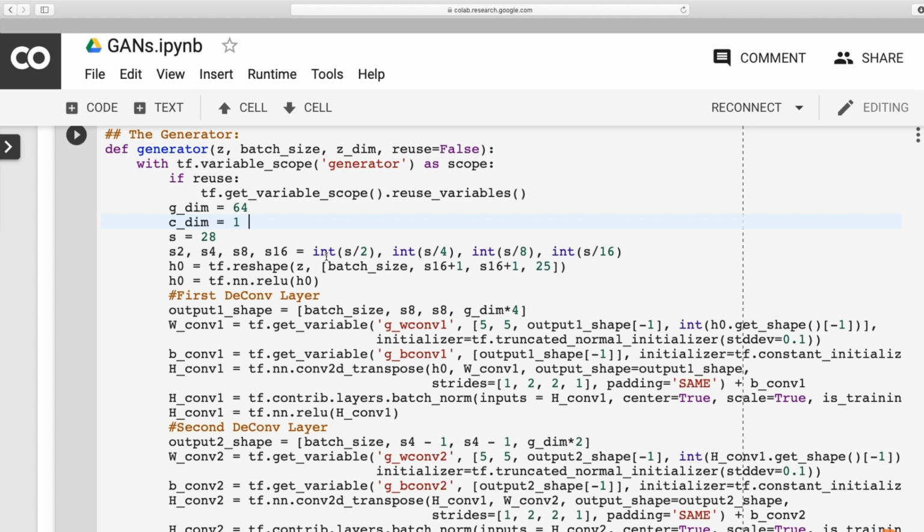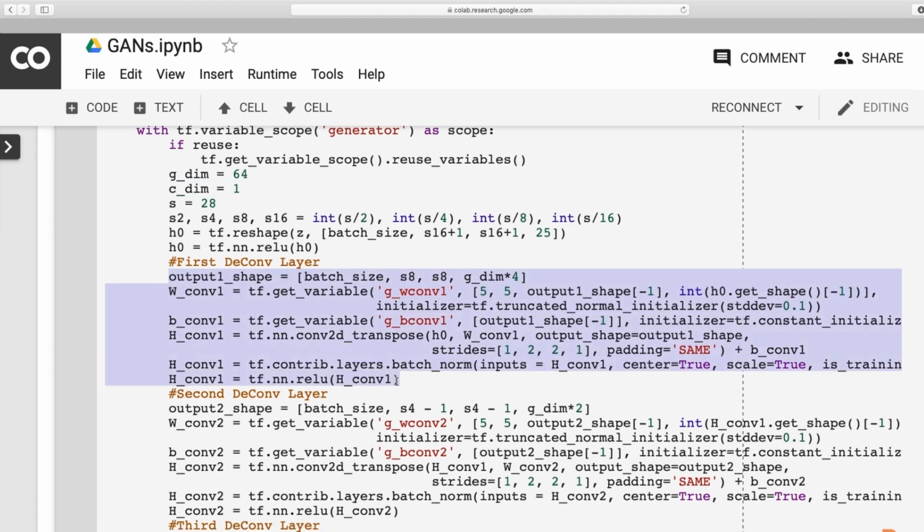The convolution transpose plus ReLU plus batch norm pipeline is repeated 4 times here in this part of the code, so that the output volume grows larger and larger until we get a 28 times 28 image. The number of filters of the first layer of the generator is set to 64 and the color dimension is set to 1 since the images are grayscale.